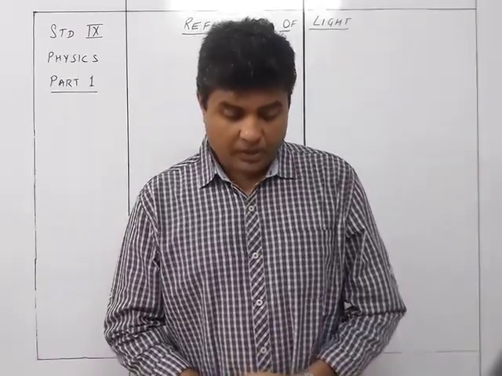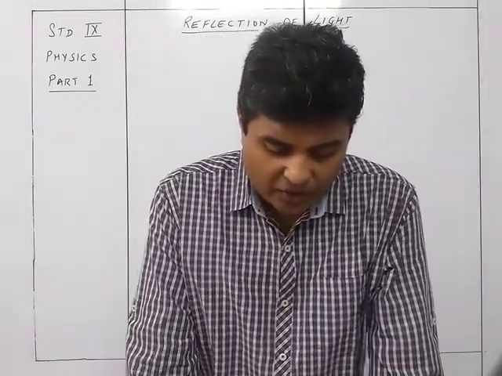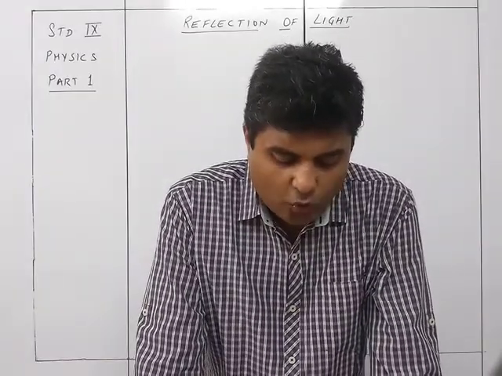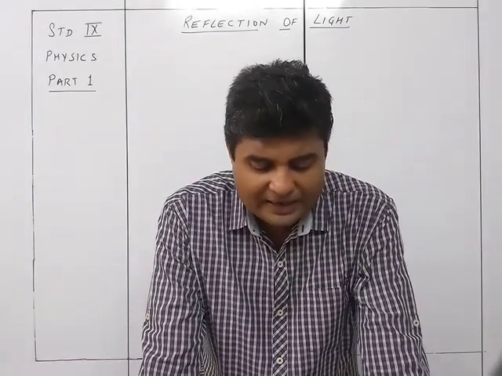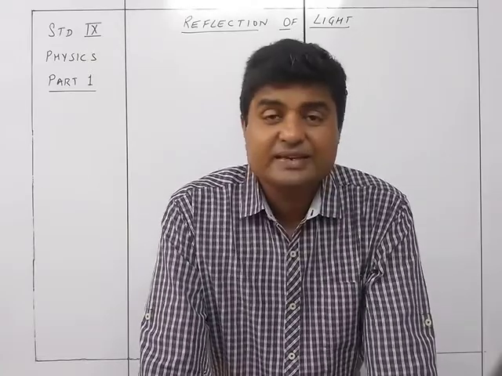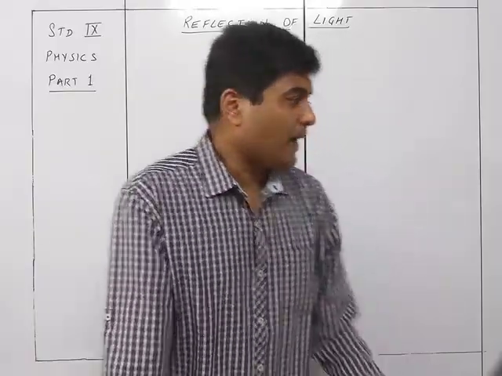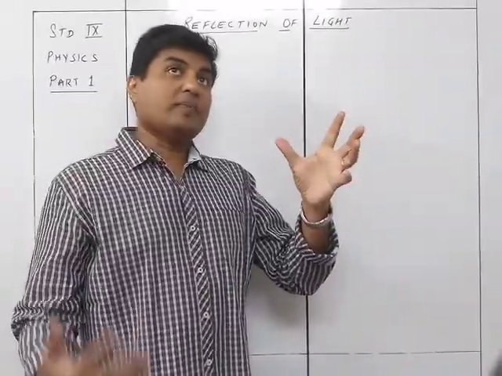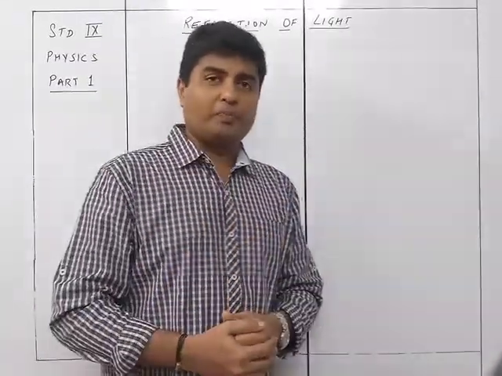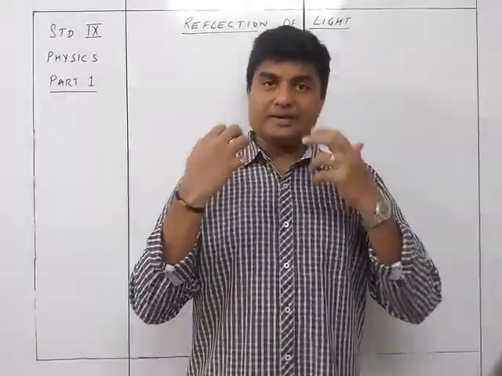The remaining part of the light is either absorbed if the surface on which the light strikes is opaque, or it is partly transmitted and partly absorbed if the surface is transparent. So if the surface is opaque, then partly it could be absorbed; the light will not be 100% thrown back, but maybe 80% is thrown back and 20% is absorbed.